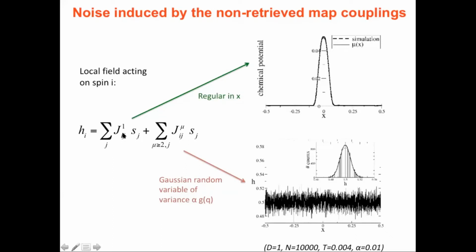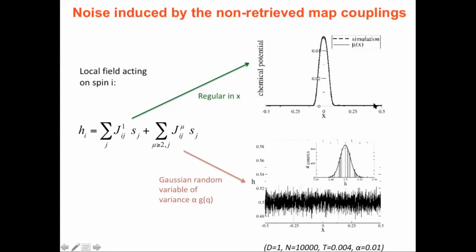So this is the sum of Jij1 Sj, where 1 is the index of the environment. And if I consider the position of this neuron to have a place field center at x equal to 0, just for reference, then you see that this contribution will depend on the other neurons. J will vary with the coordinate of the other neurons, x. So J can be translated into x.